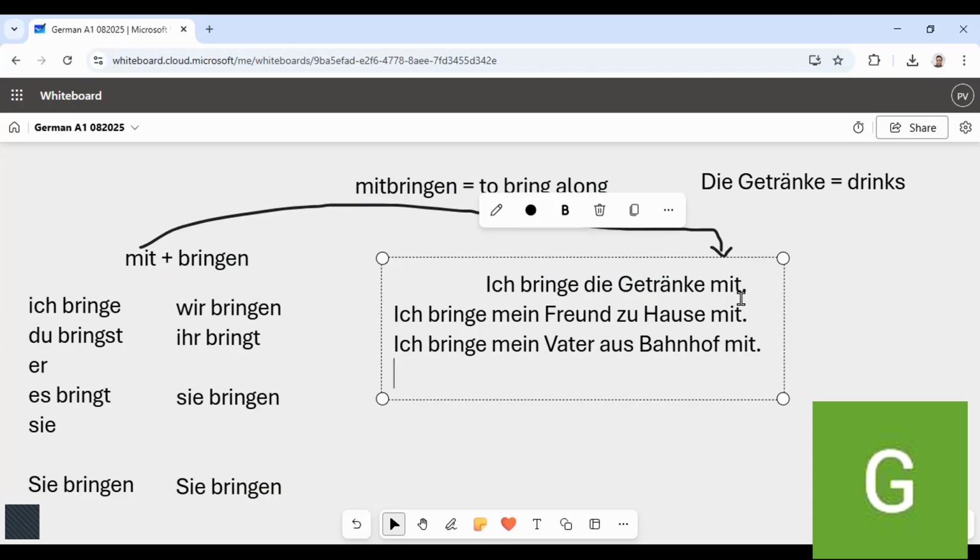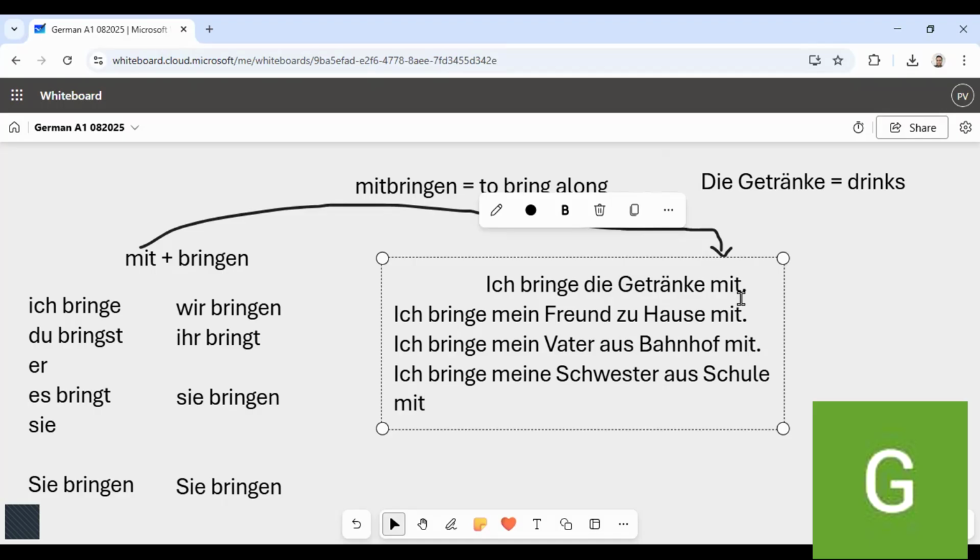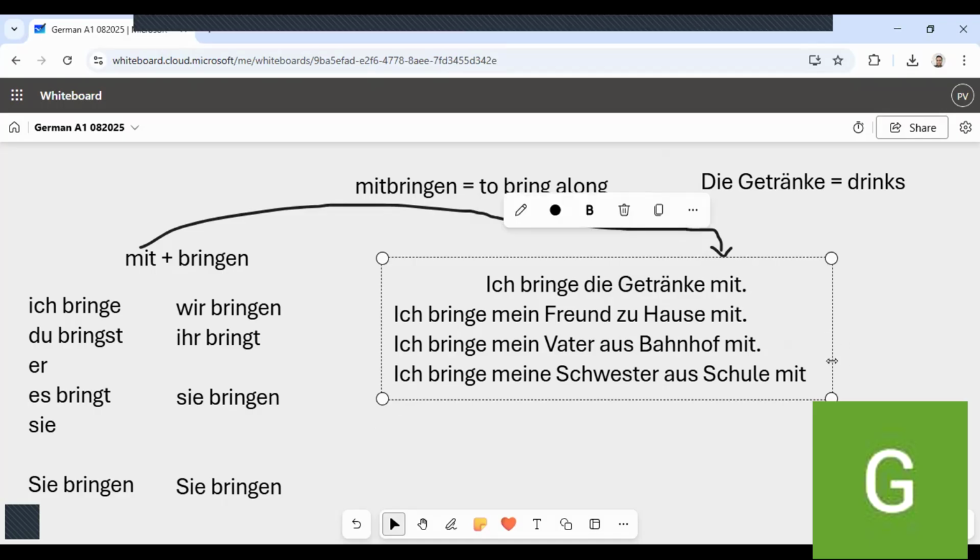Suppose you have picked up your sister and you are bringing her along to the house. How will you make it? Ich bringe meine Schwester aus dem Bahnhof mit. Yeah, ich bringe meine Schwester. I'm bringing my sister from the school and I'm bringing her along.